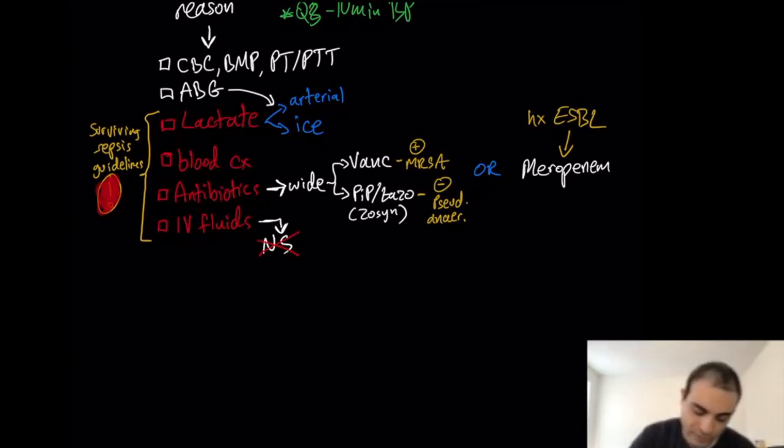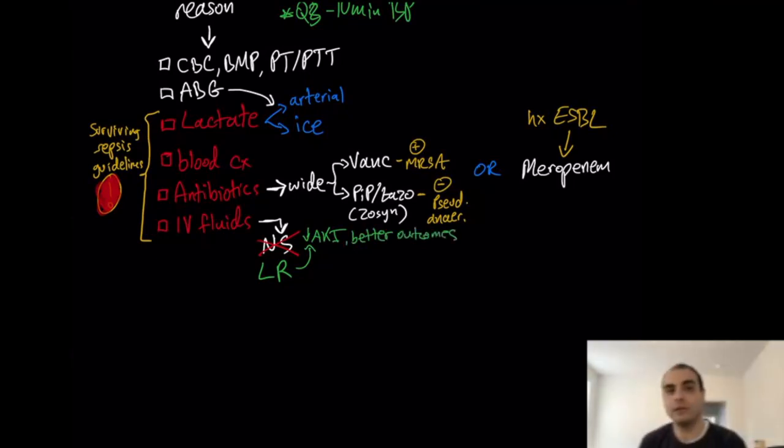Instead, the rising champion now is LR, okay? This is very important. A lot of people are saying when you compare NS versus LR, LR is better, has less AKI. People develop less kidney injury and they have better outcomes in sepsis compared to NS, okay?